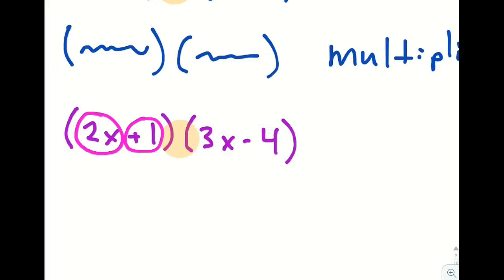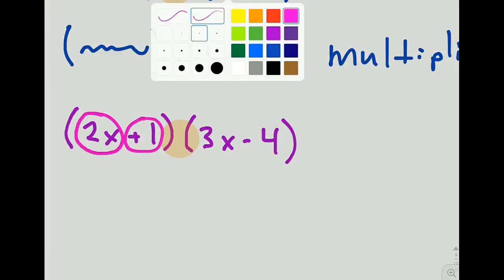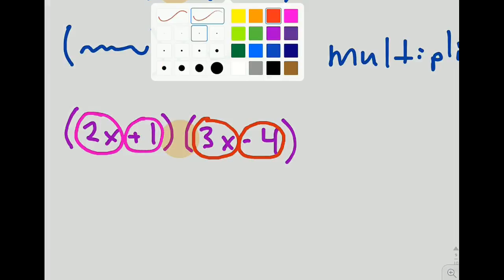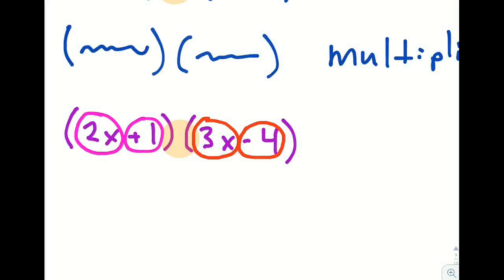I'm actually going to do different colors for those last two to just kind of highlight how those are a little bit different, or they belong to a different group. When I distribute, if you remember from section 4, we wrote down this rule: every chunk or term in the first group needs to be multiplied by every chunk or term in the second group.